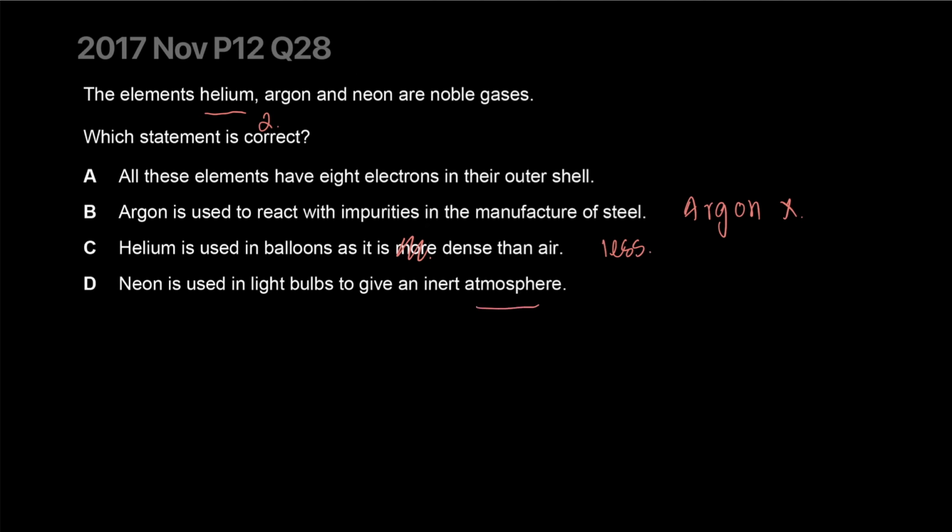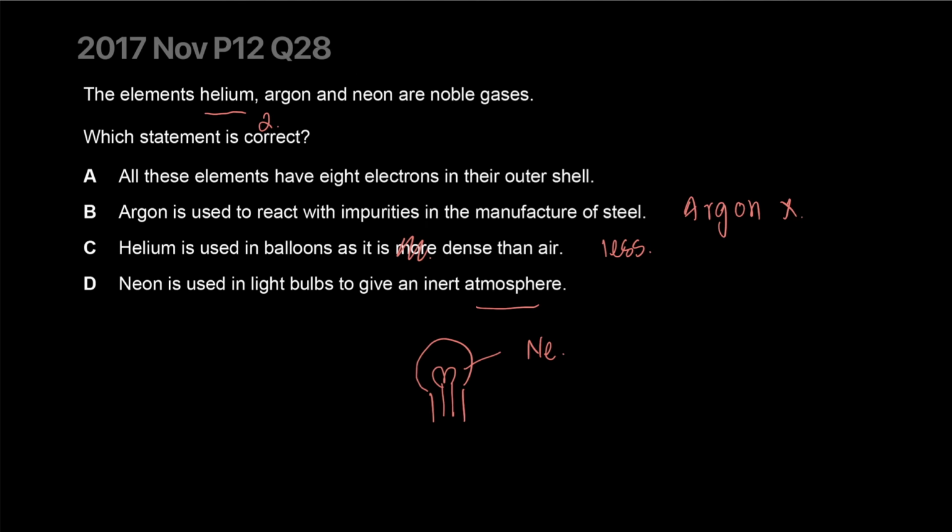That's true. If you had a light bulb and the wire was glowing hot, what's going to happen if oxygen was there? It would react immediately. It'll burn in oxygen. So neon, when you use it over here, is unreactive. It can glow as hot as possible without burning anything.